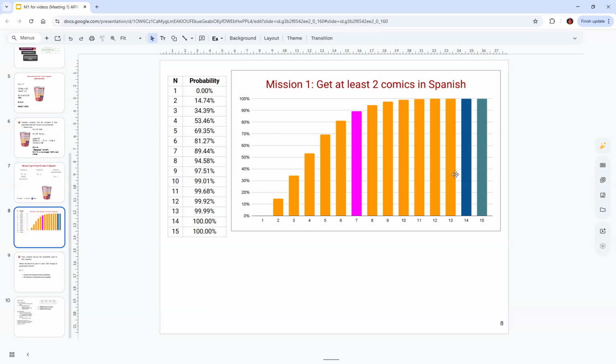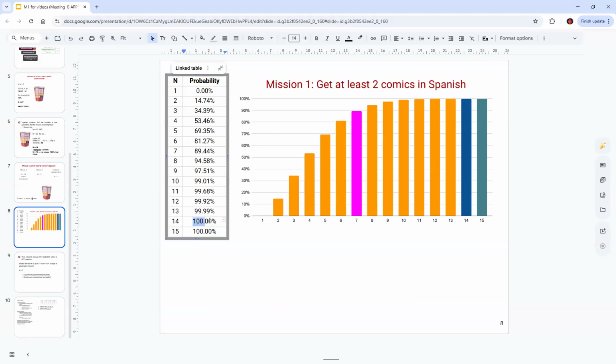On the other hand, if we go high, we know that 15 and even 14 gives me 100%. So 14 is the best, the least n that guarantees a 100% chance. But then we get the concept of marginal, meaning we don't lose much.